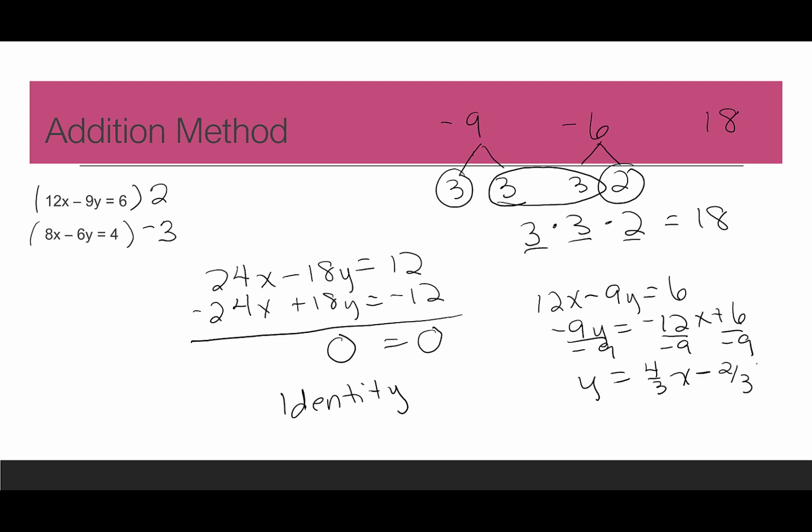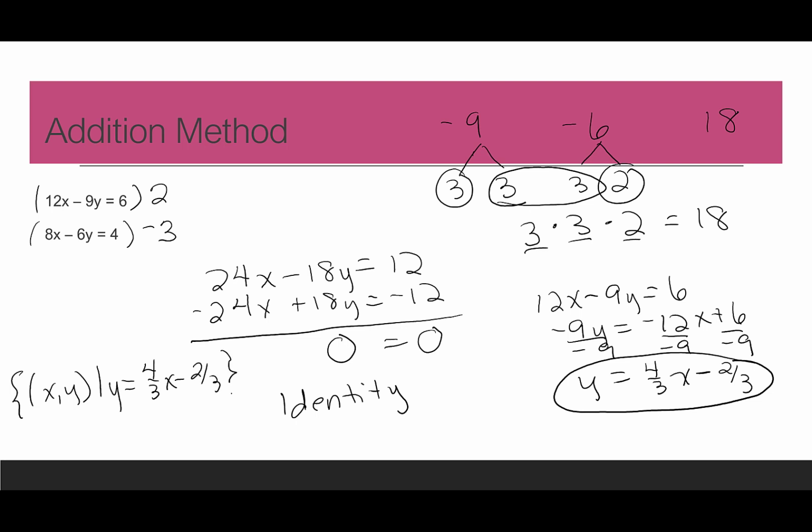This is 2/3. So any point on this line, y equals 4/3 of x minus 2/3, is going to be on both of these lines. So my solution set is the set of all points x, y, where y is equal to 4/3 of x minus 2/3. So I just want to give the whole line back and say, hey, I'm going to have all these points in common.